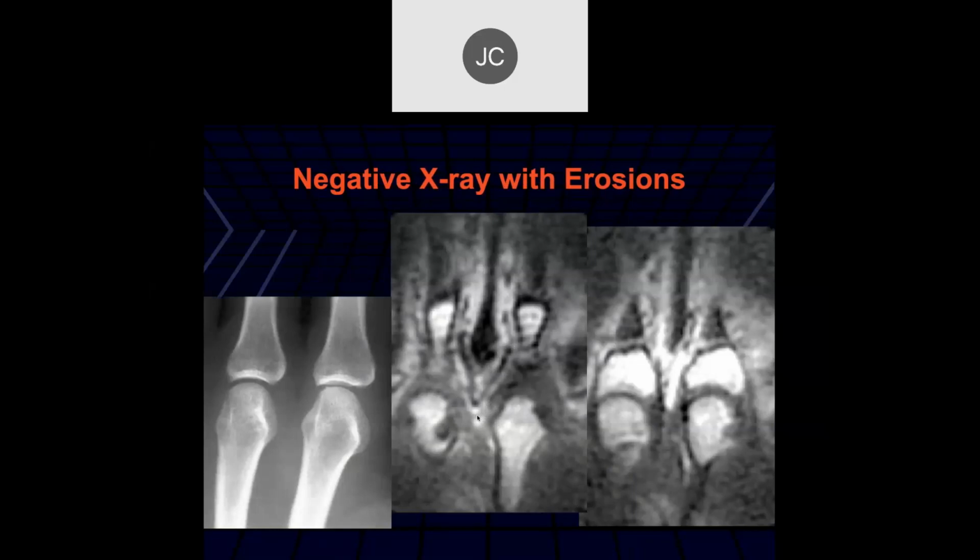It was 0.2 Tesla, but a non-uniform field, which means you have to do 3D imaging. And here we can clearly see that there is an erosion here, an erosion there, that are much more difficult to pick up on the X-rays, which goes along with ours and other people's studies showing that MR was far more sensitive for erosive changes.